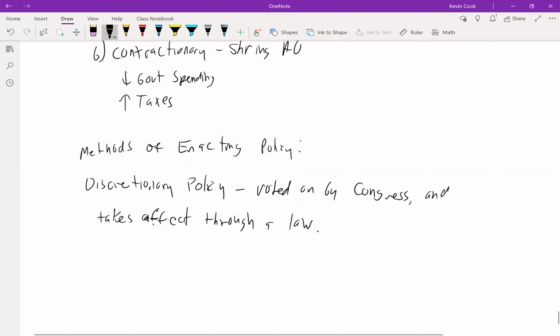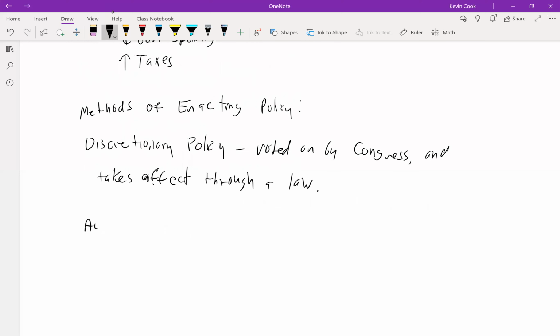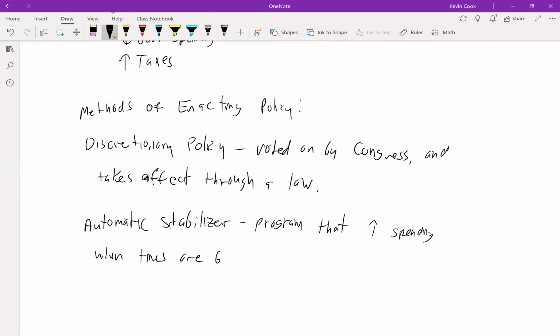But the other side of this is called an automatic stabilizer. This is going to be a program or something that increases spending when times are bad and decreases when times are good.